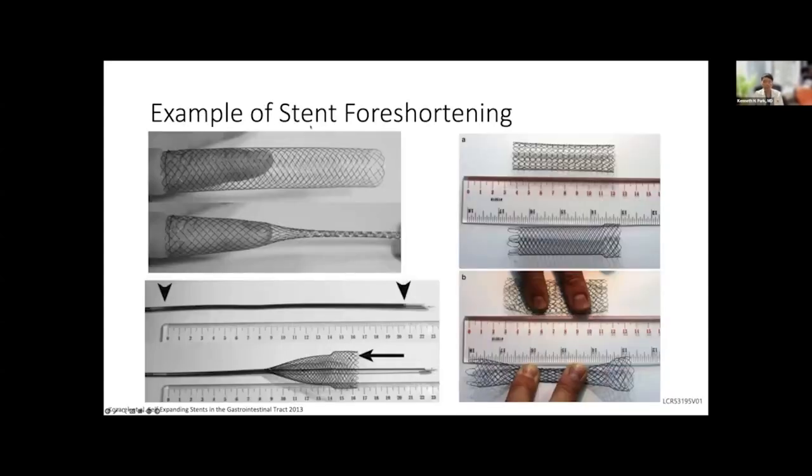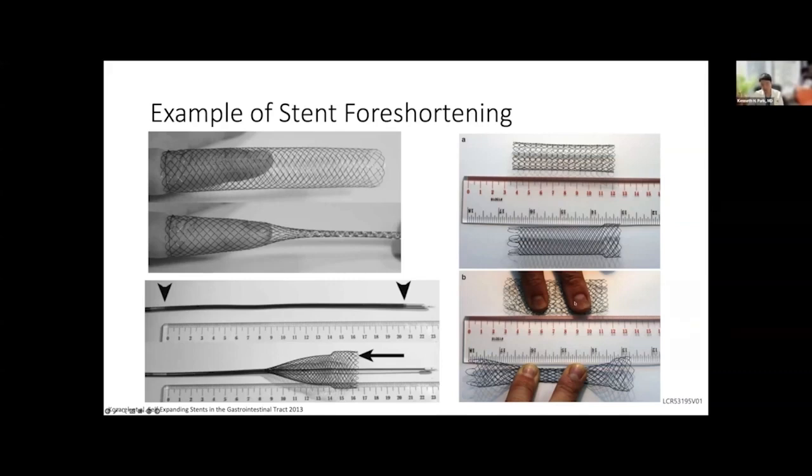And this is an example of the stent foreshortening that's important to visualize. This top left here is the braided stent, the traditional WallFlex stent, and you can see even here, when you're deploying the stent, how much the stent is foreshortening as the sheath is being uncovered. And then in the opposite way, if the stent gets compressed, let's say because of a stricture, the top is the hook and cross, where if you press it, you don't really see much of an increase in length.